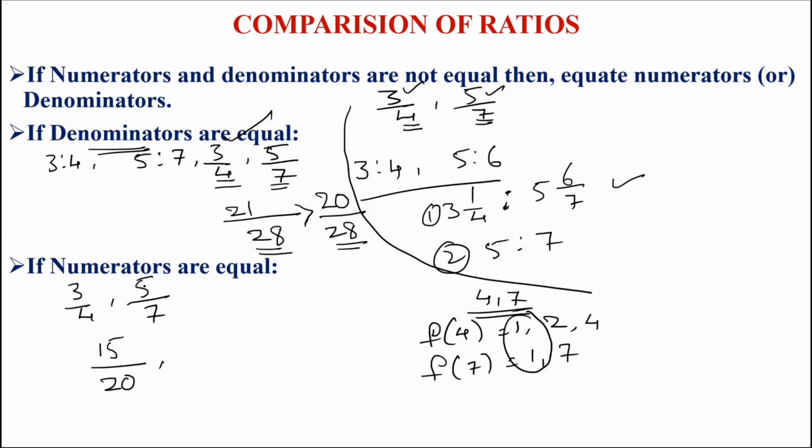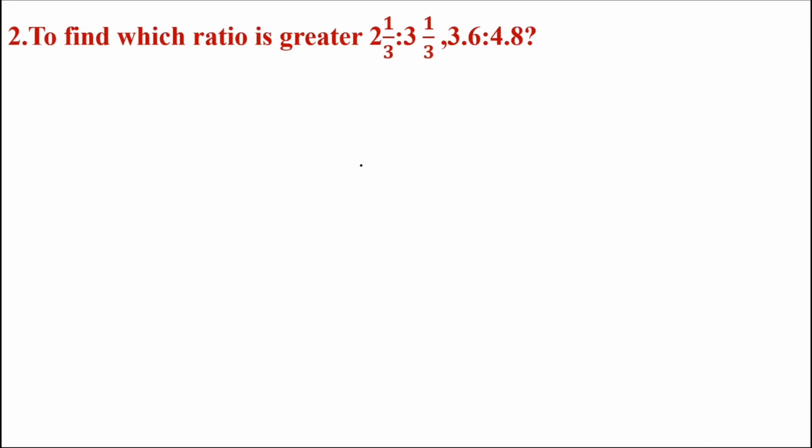And 5 how many times? 3 times. 3 sevens are 21. Now compare the denominators: whichever is least is the highest. If denominators are equal, the greater numerator is greater. If numerators are equal, the greater denominator gives the lesser value and the lesser gives the greater. This is the answer. Try to do this one to find which ratio is greater.